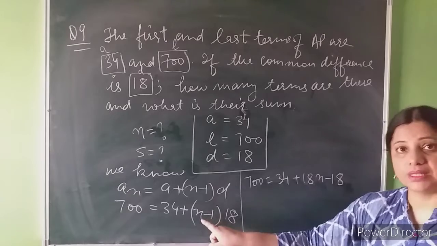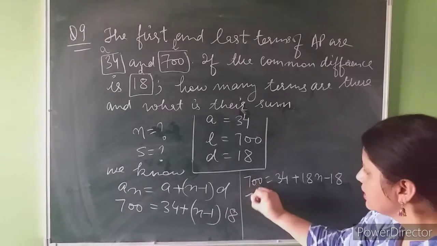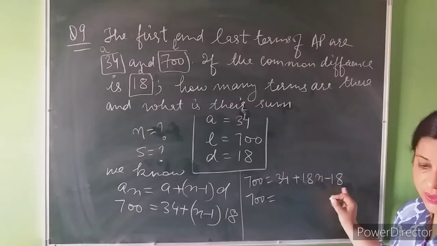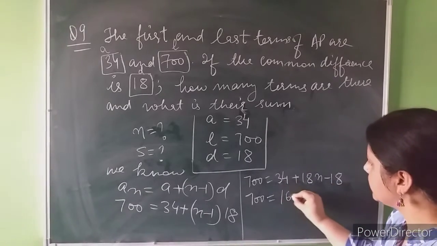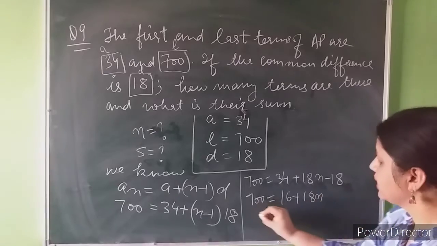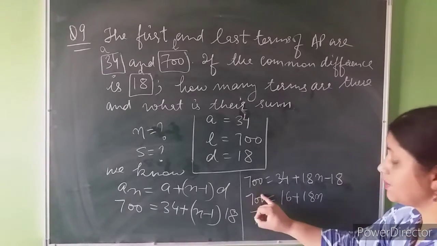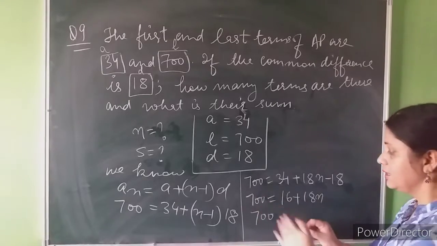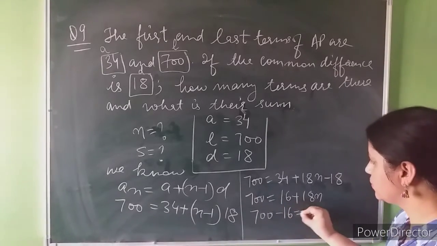I have simply opened this bracket, so that 700 is equal to 34 minus 18, I will write here as 16 plus 18n, then 700. This plus 16 will go other side, because we want to find this value of n. So rest all the parts I will shift to other side.